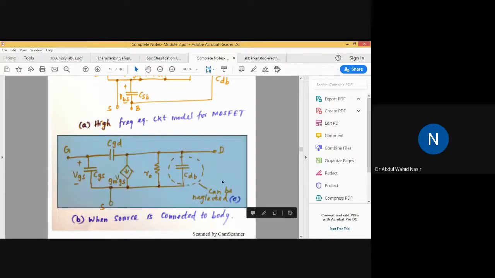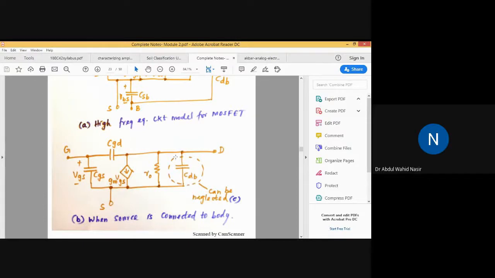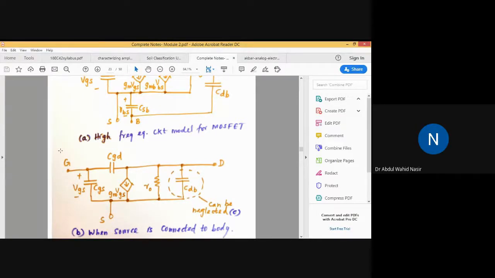In most of the cases CDB can be neglected. When you neglect that, then this branch will also not be there.